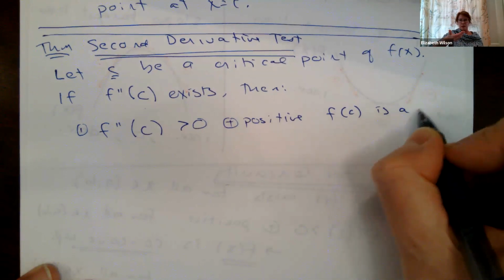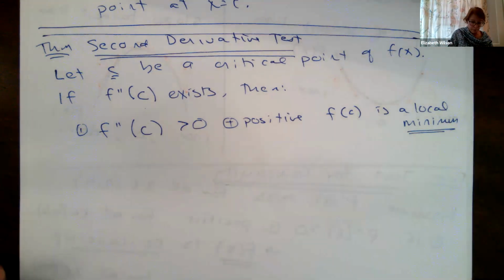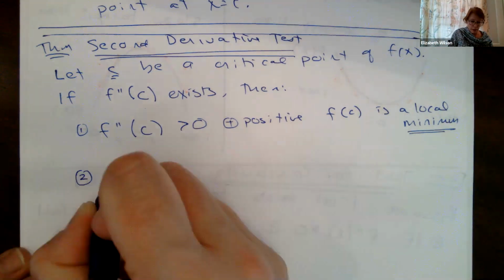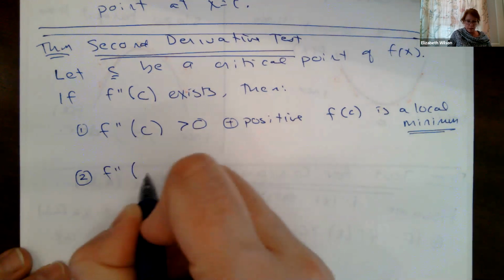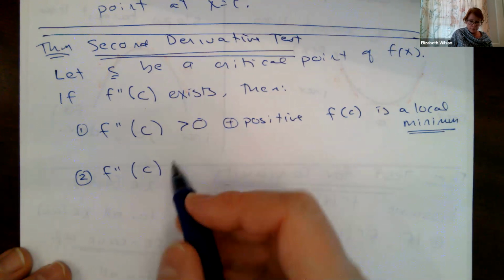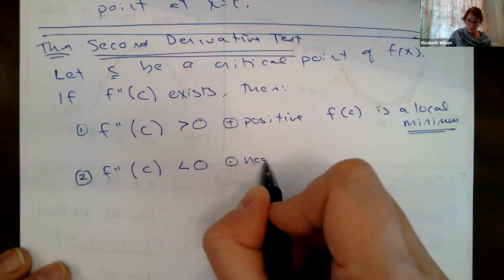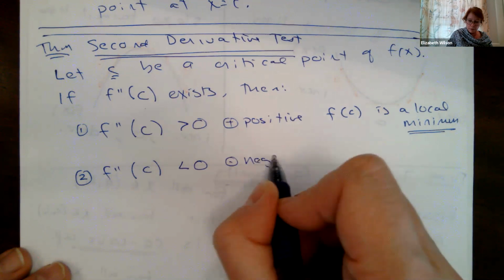My second derivative is positive, which means I'm dealing with concave up, so my function at that C value is going to be a local minimum. If my second derivative evaluated at C is negative, then f of C is a local maximum.